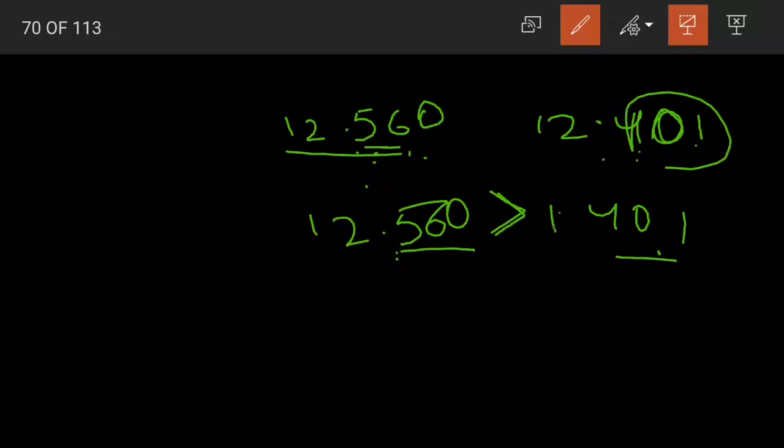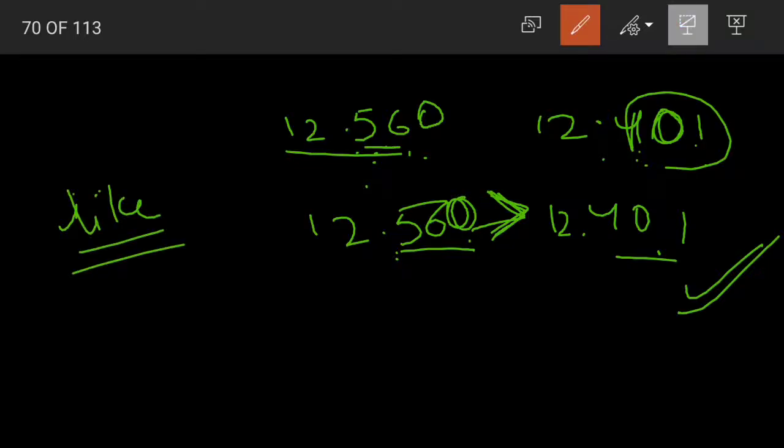So 12.56 becomes greater than 12.401. See, because of adding this 0, I've got the correct answer, that 12.560 is greater than 12.401. That is why adding 0 is important, children. You have to convert the given decimals into like decimals and then compare.